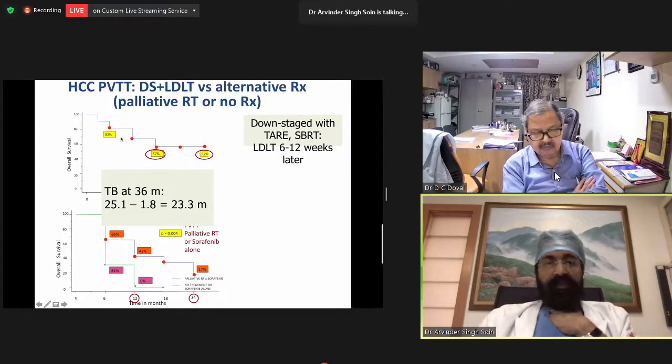If you do this, that means downstage, PVTT, and then LDLT, compared with alternative treatments, which are palliative, you get a huge survival advantage, transplant benefit rather, at 36 months of 23 months. And the transplant benefit at 5 years is also higher actually, 32 months.